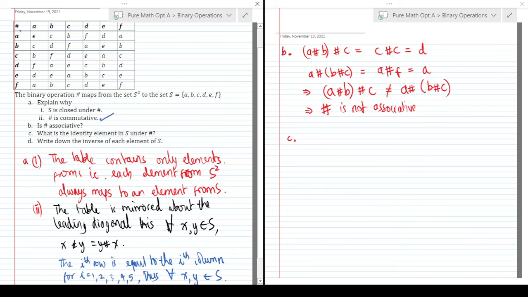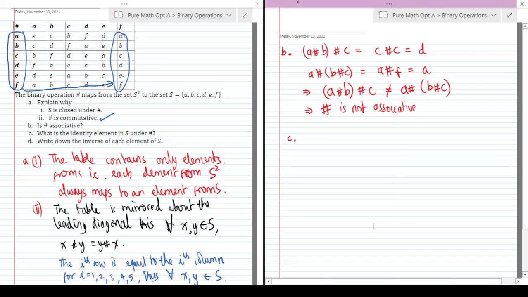Okay, so I take my whole set in order and I look to see where in order it is repeated. It's repeated down here, A, B, C, D, E, F. Now I have A, B, C, D, E, F in every column of the results, but only one place where it happens in that same order. So A star F is A, B star F is B, C star F is C, D star F is D, E star F is E, F star F is F, in that order. All you need to do is identify the identity element.